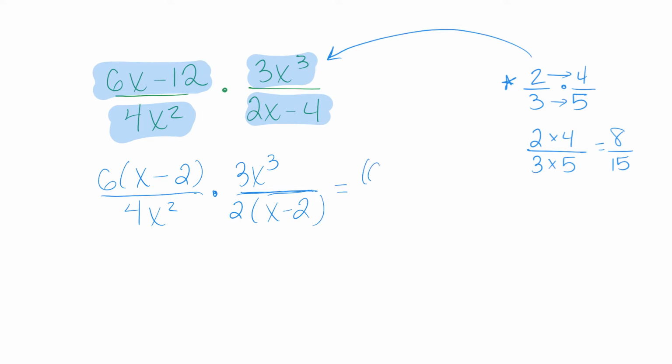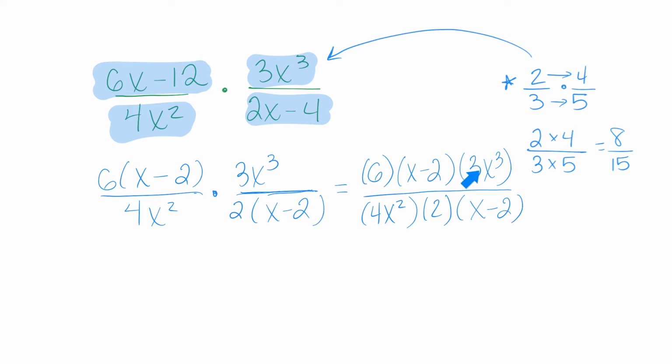So I can essentially rewrite this as 6 times x minus 2 times 3x cubed in the numerator, and in the denominator, I have 4x squared times 2 times x minus 2. And we could definitely multiply 6 times 3 here, but when you're trying to simplify, multiplying it together doesn't make all that much sense.